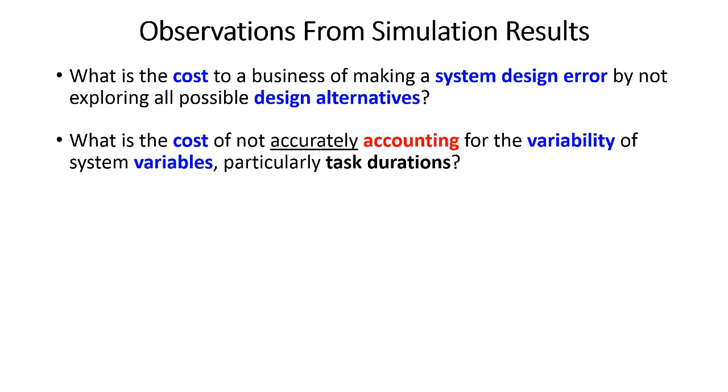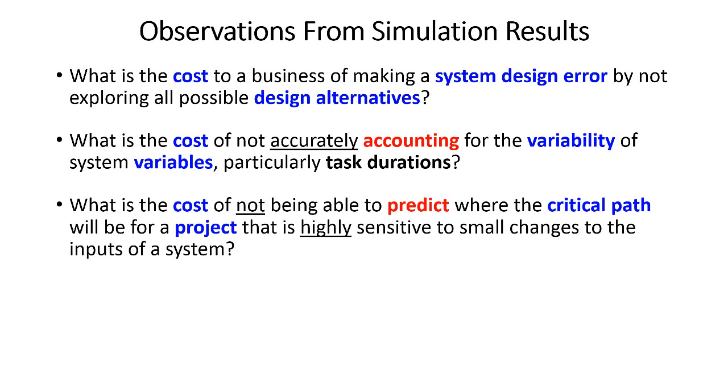And we saw how sensitive this system was to two different types of variability. Imagine trying to manage a project in a very complex system where you're just making approximations for variables that have a lot of variability around them. It's going to be very difficult to accurately predict what the duration of a project is going to be.